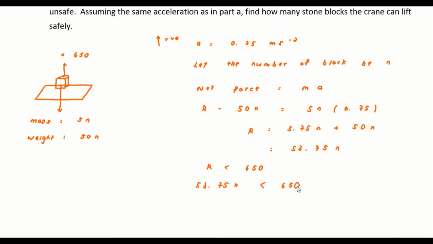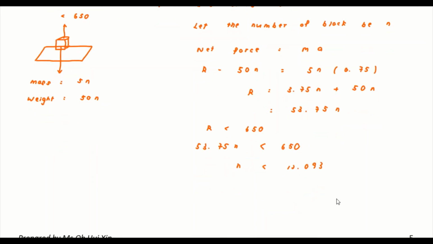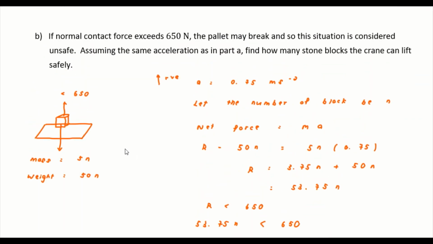By using your calculator, 650 divided by 53.75, we get 12.093. So the number of blocks that we can put must be lesser than 12.093 so that it wouldn't create a normal reaction force of 650.